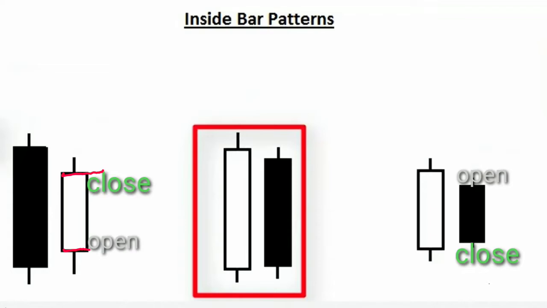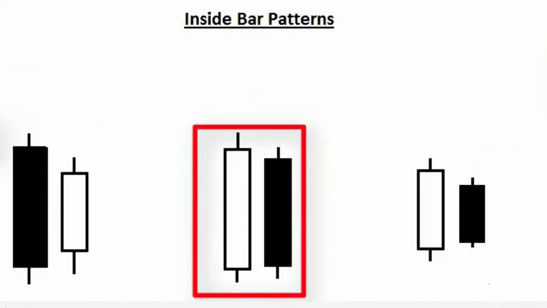The essence of the inside bar, why we call it an inside bar, is because the body of the smaller candle stays within the range of the bigger candle. That's the open and the close are within the range of the bigger candle or the mother candle.